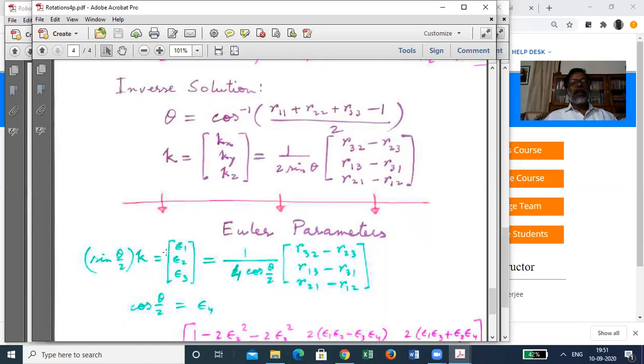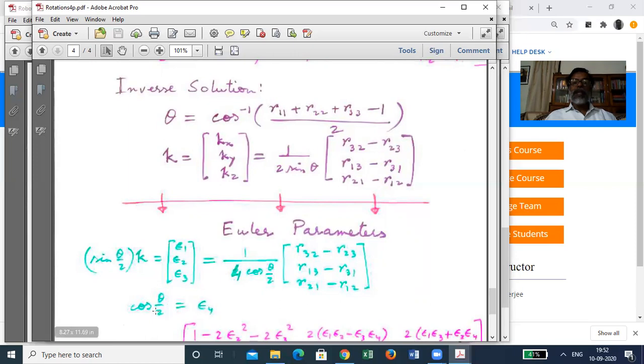So the sum of the squares of these three will be simply sin square theta by 2. The fourth square alone is cos square theta by 2. The sum is 1. So that is a single relationship among the 4 parameters. So since 3 parameters are independent, there must be one constraint among the 4 parameters.